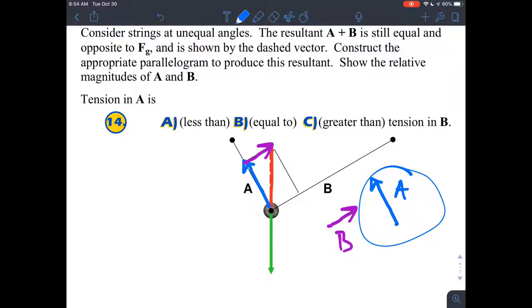So A is much longer. That tells us that the tension in A is greater than the tension in B. A is pulling harder. And again, the reason for that is because A is pulling up more than B. A has more of the weight distributed to it than B does. So A has greater tension.